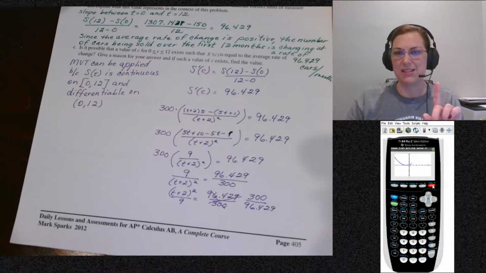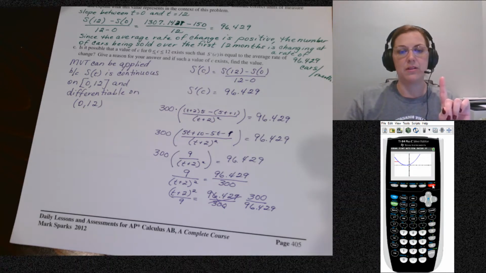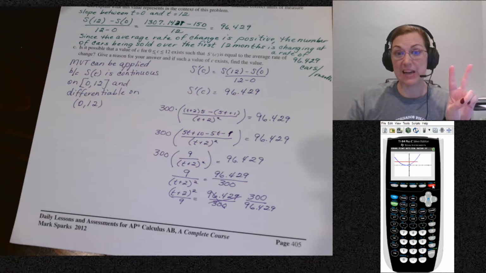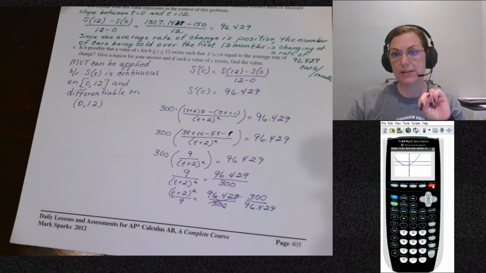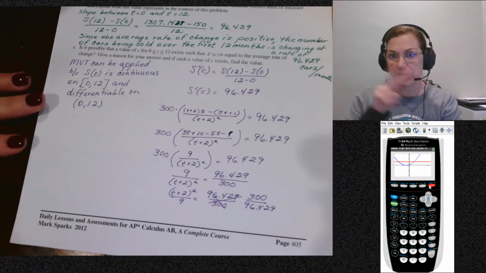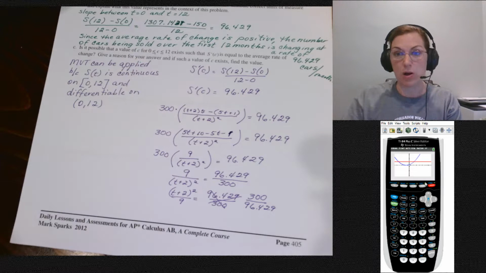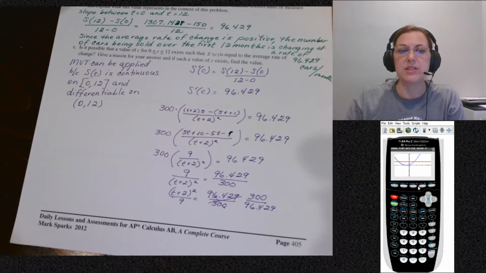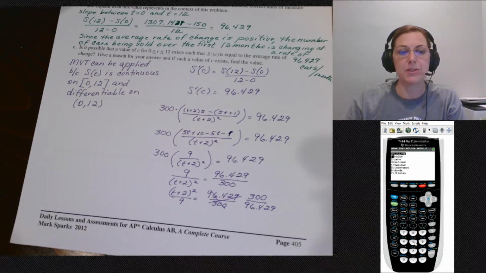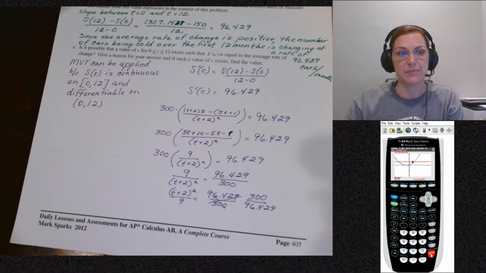Remember, that's the first one, the left side of our equation. There's the second one, the right side of our equation. I need the intersection. Now remember, there are two intersections I see there, but only one of them will fall on this interval. That's the only one I need. So second, trace, option number 5, and then press enter 3 times.